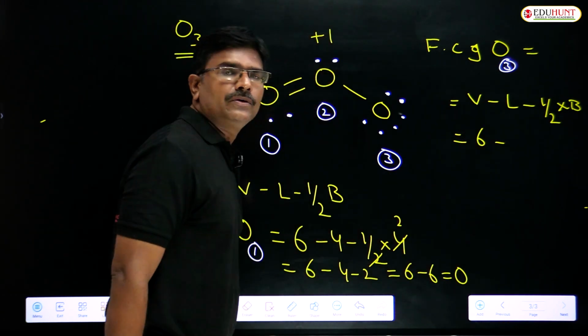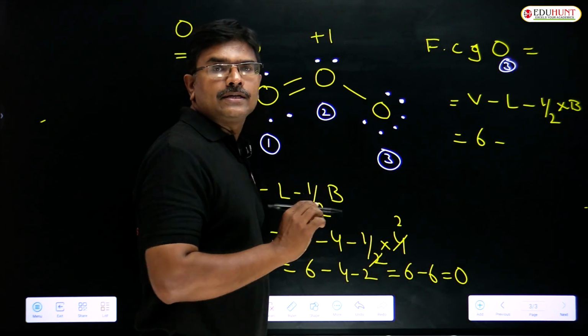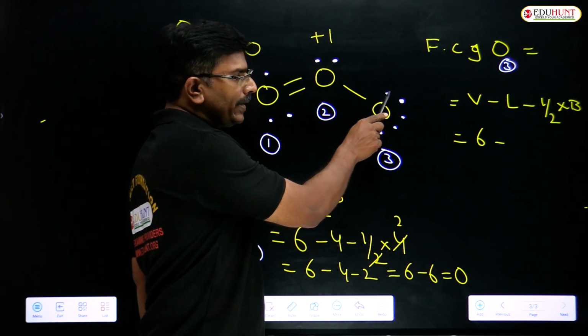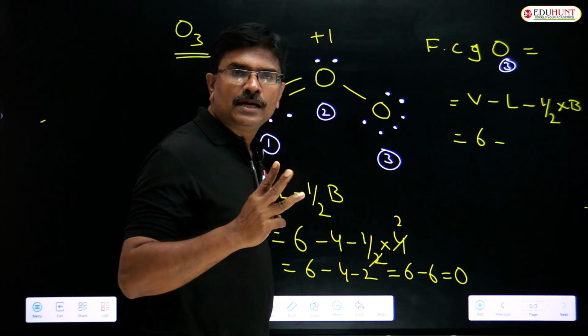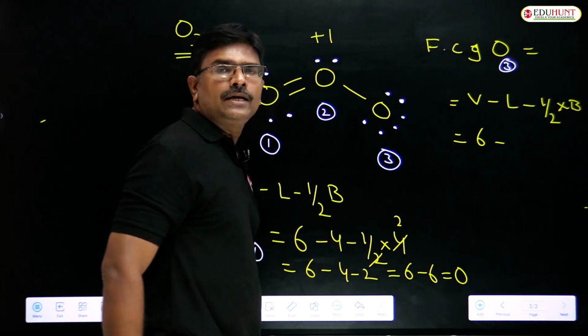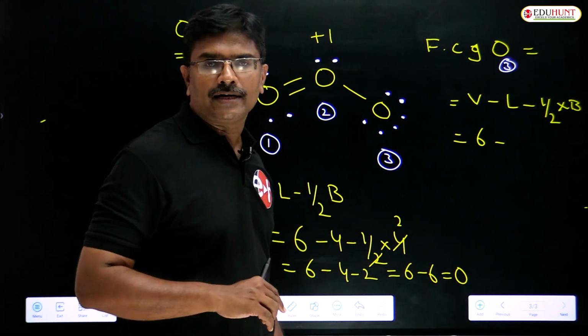Within fraction of seconds you can calculate it now. Okay, number of electrons in lone pairs. Once again, please observe this carefully. There are 3 lone pairs around this oxygen. 1, 2, 3. 3 lone pairs. Each lone pair has got 2 electrons. So 3 2s are 6 electrons are there in lone pairs around this third oxygen atom.